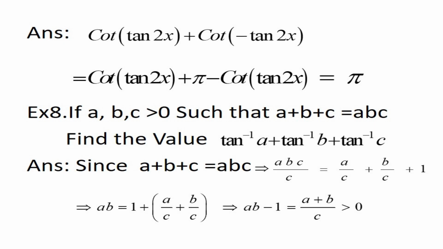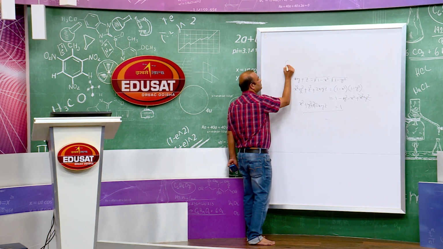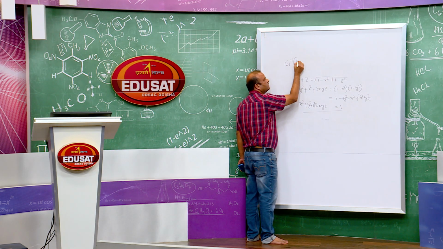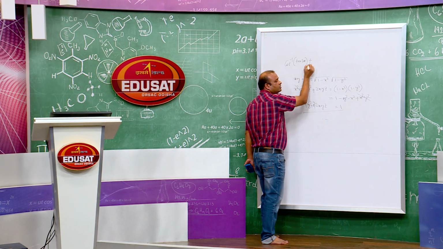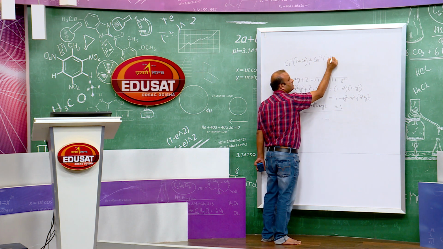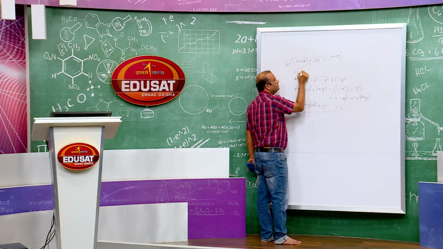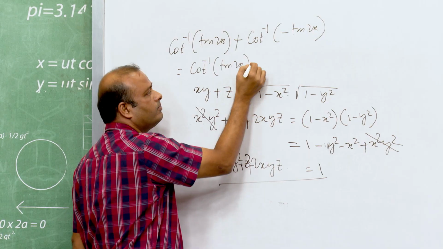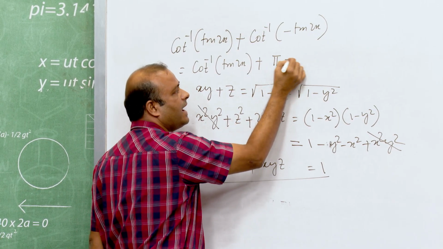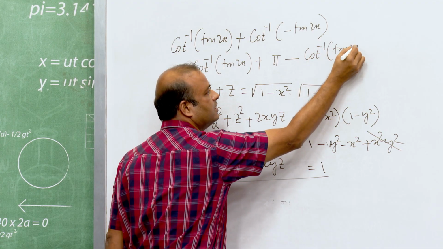Write cot inverse tan 2x plus next cot inverse minus tan 2x, which is equal to cot inverse tan 2x plus pi minus cot inverse tan 2x, right?